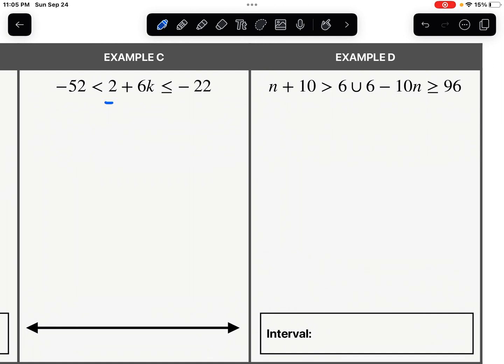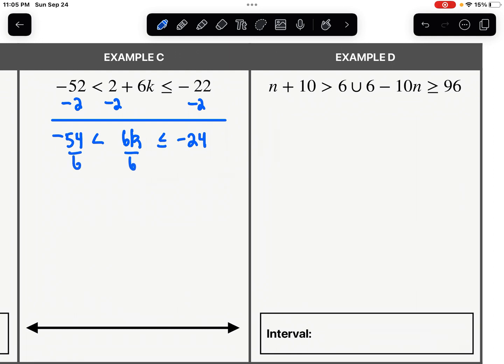So we're going to subtract 2 here, subtract 2 here, subtract 2 here, and that will give us negative 54 is less than 6k, which is less than or equal to negative 24. Then we're going to divide all sides by 6 so that k will be isolated. So divide by 6 everywhere. So that'll be negative 9 less than k less than or equal to negative 4.